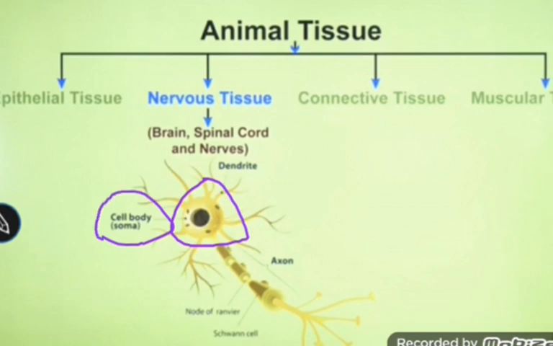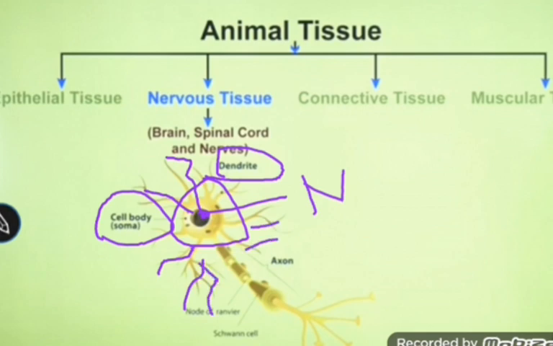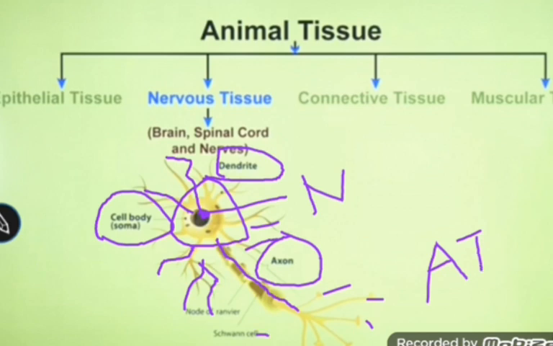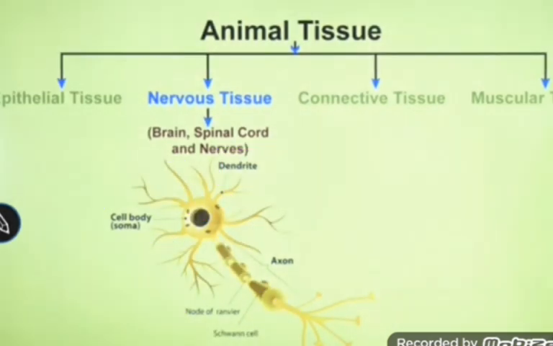It contains the nucleus, and the dendrite, this hair-like structure, and this long arm is known as the axon. And these are known as axon terminals. I will make a video on how to draw this diagram.